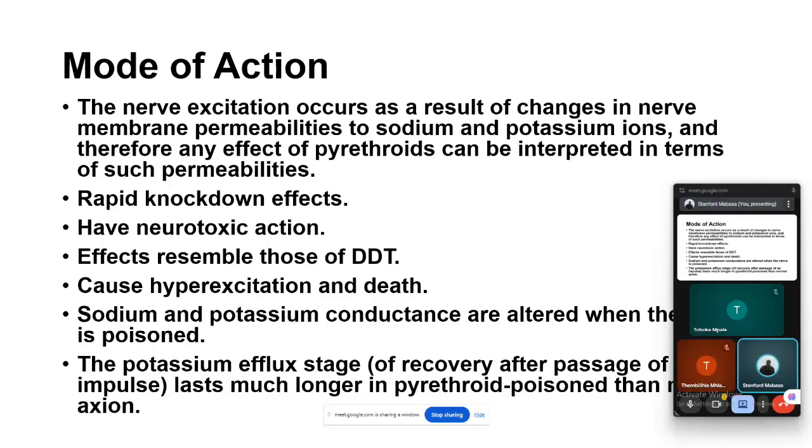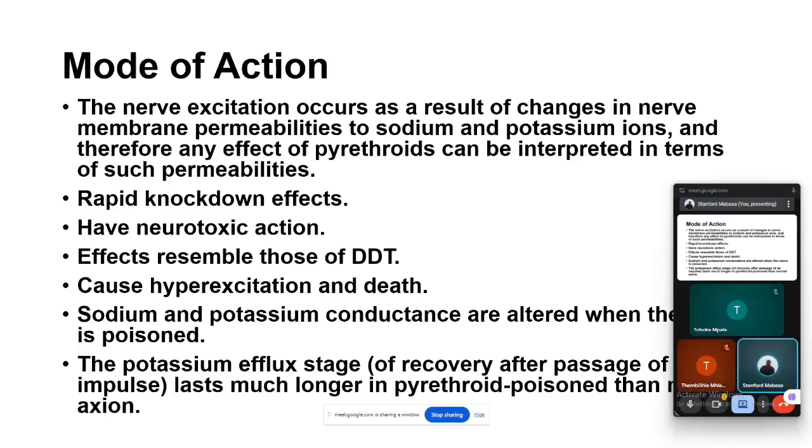So they cause nerve excitation as a result of changes in nerve membrane permeabilities to sodium and potassium ions. These can cause rapid knockdown effects. They have neurotic action. As I have said, effects resemble those of DDT.